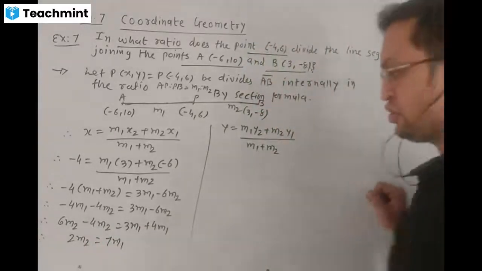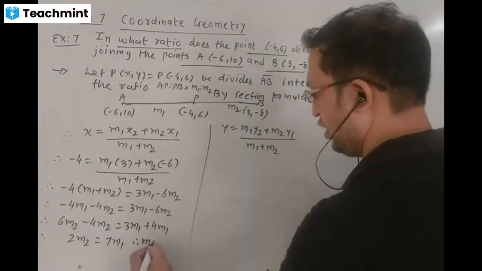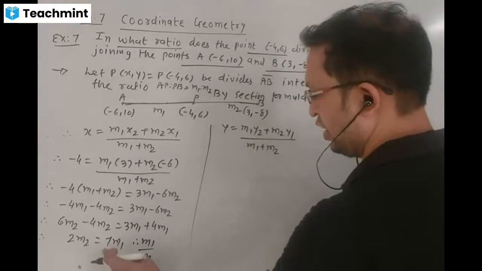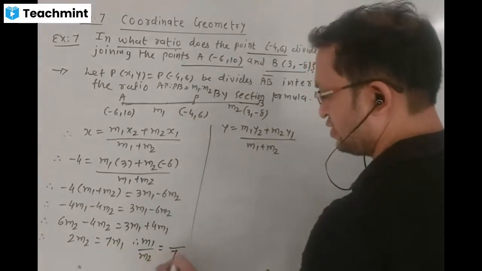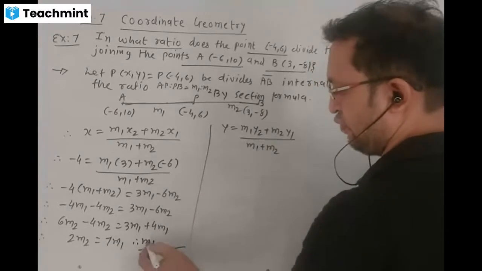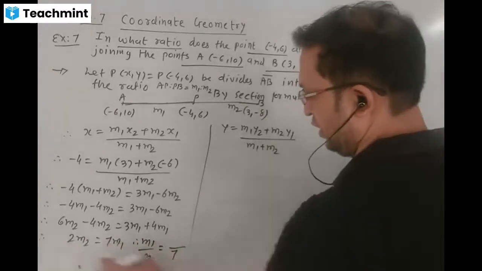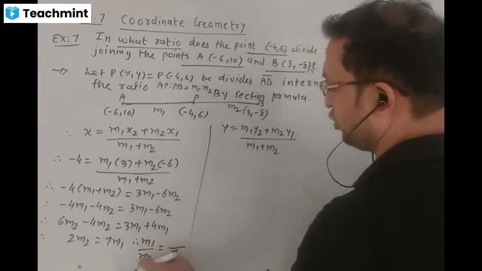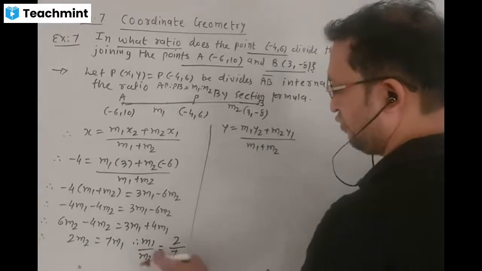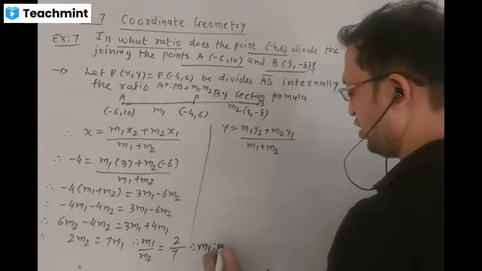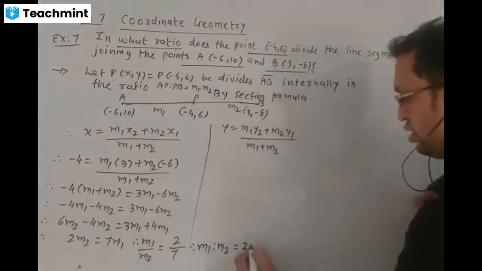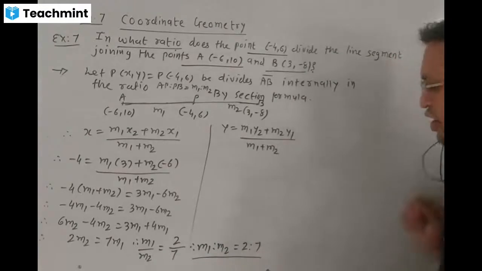Therefore m1 is to m2: m1 multiplied with 7, and m2 multiplied with 2, that is 2 m2. Therefore m1 is to m2 is equal to 2 is to 7. That is the final answer.